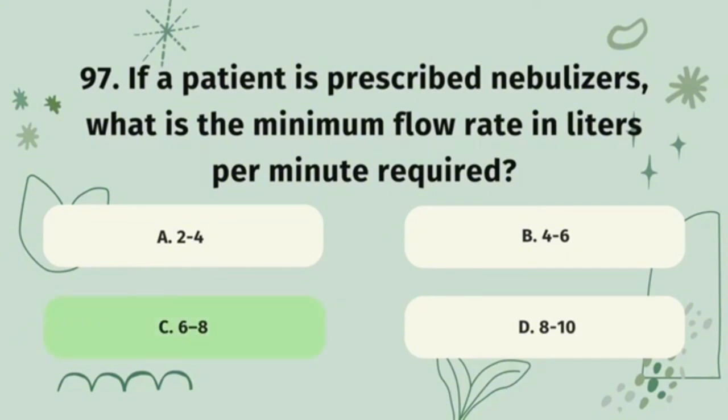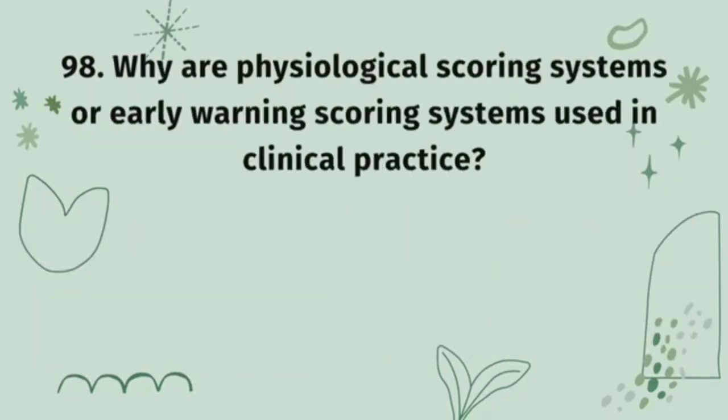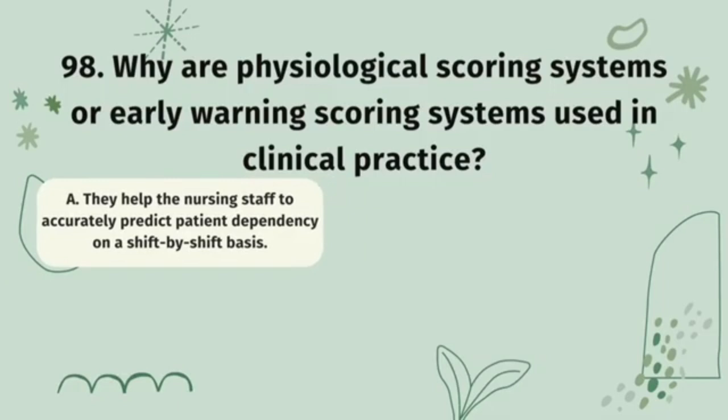The correct answer is C. Question 98. Why are physiological scoring systems or early warning scoring systems used in clinical practice? Option A. They help the nursing staff to accurately predict patient dependency on a shift-by-shift basis.